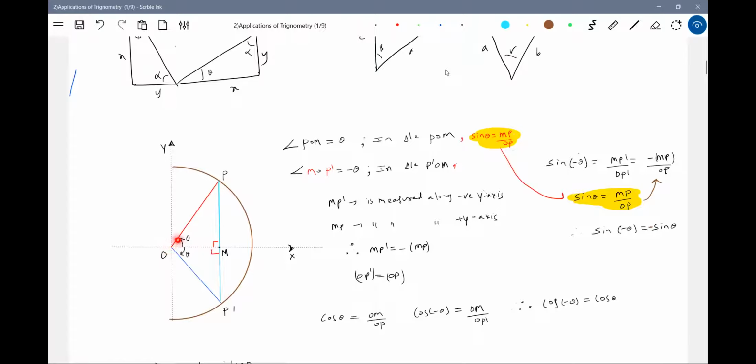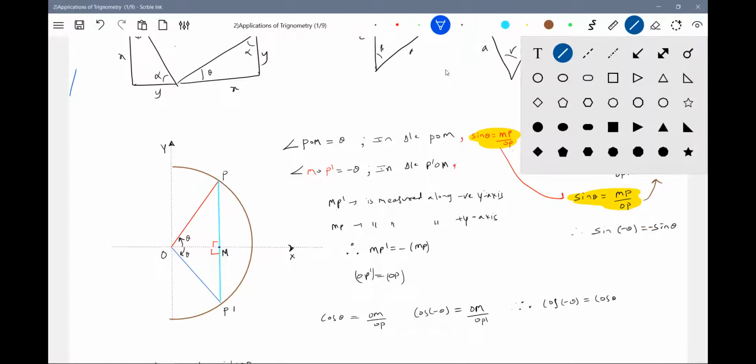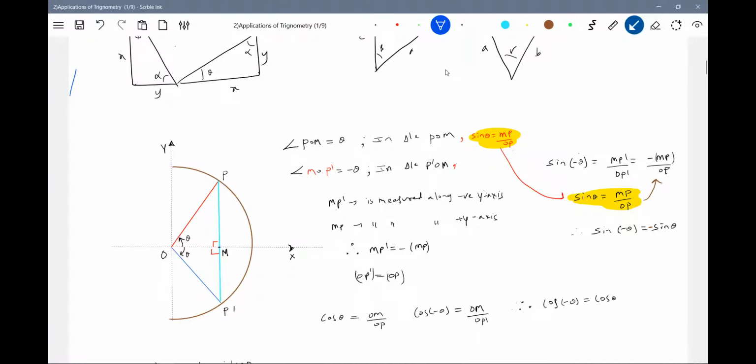Look at this here. Initially the line is here. I'm going to rotate it through an angle theta. Then it will become OP, and they'll form the triangle OMP. Let the angle POM equal the angle P dash OM, equal to theta.